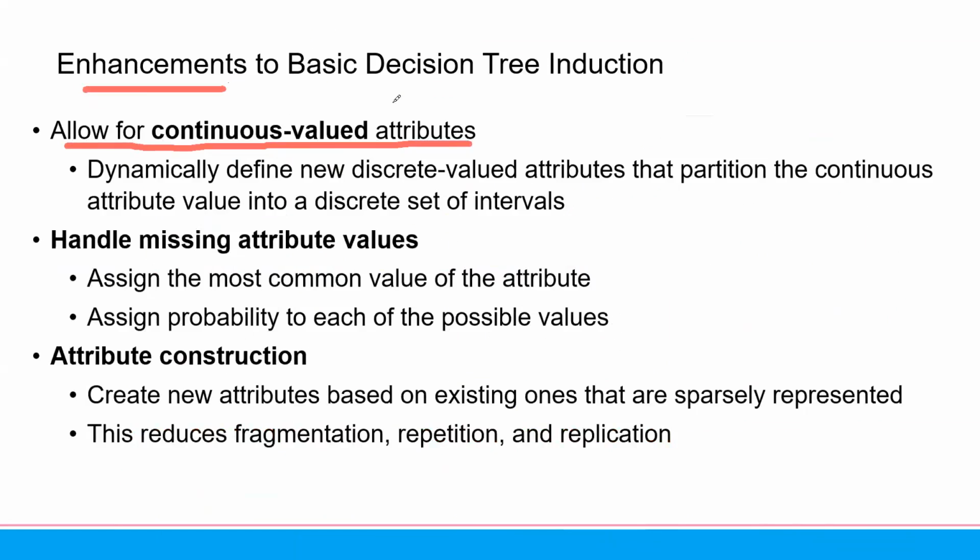The categorical attributes, we use to determine the categorical target. So if you allow the continuous value, it means, with measures like maybe the Gini index, you can dynamically define new discrete value attributes that partition the continuous attribute value into a discrete set of intervals.